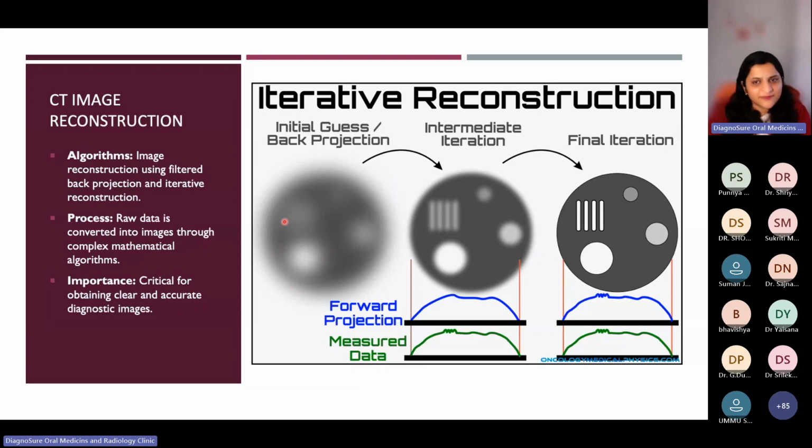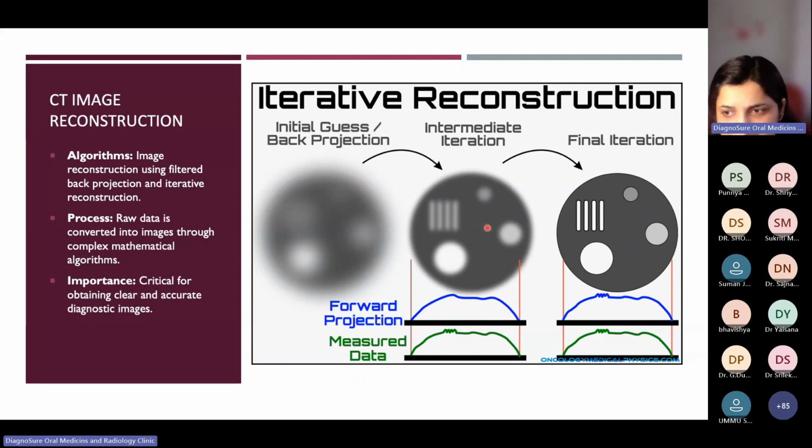The first is filtered back projection, which takes raw X-ray data collected from multiple angles and mathematically reverses the projection to form an image. The filter is applied to remove blurring, allowing for sharper results, but this method can introduce noise. Then comes iterative reconstruction.